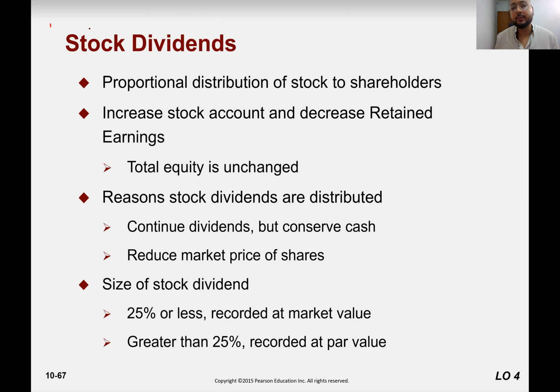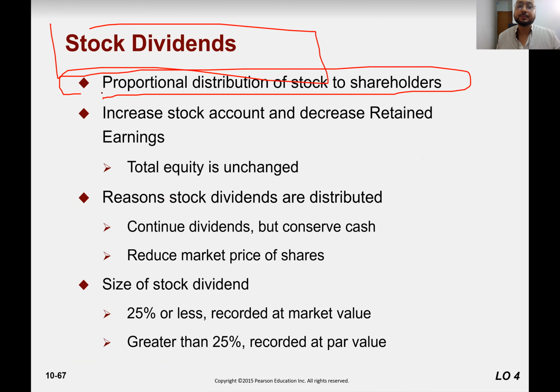Now stock dividend. What if you pay dividend in the form of stock, in the form of shares, rather than cash? So you would be paying in proportion. For example, 2%. If I hold 2,000 shares, I would be given 40 shares as a dividend, right? That's what we mean by the proportion.